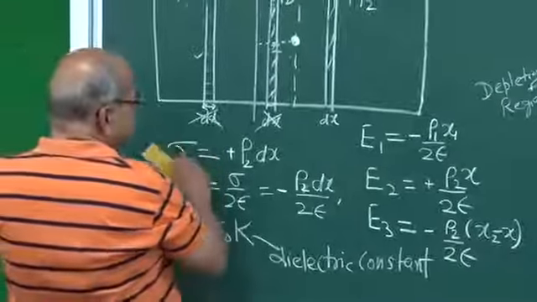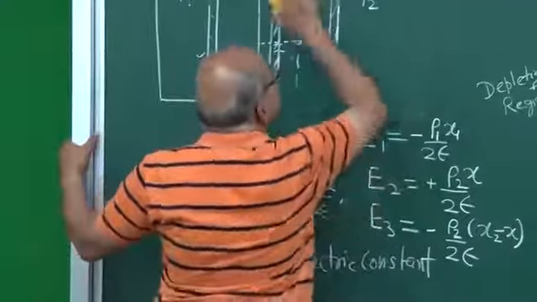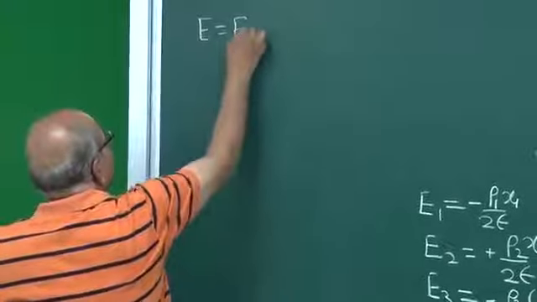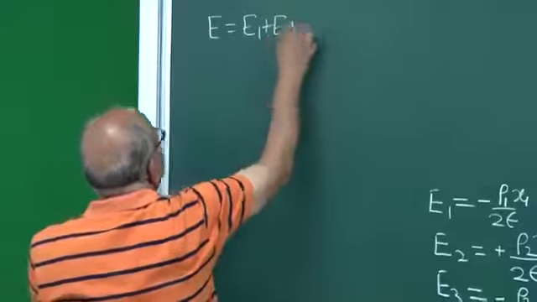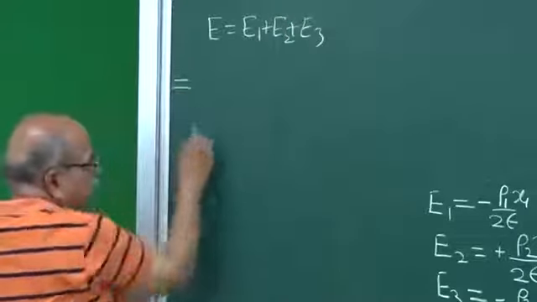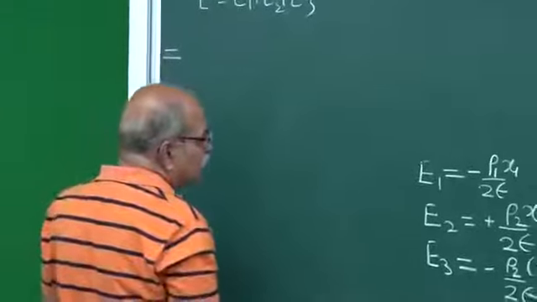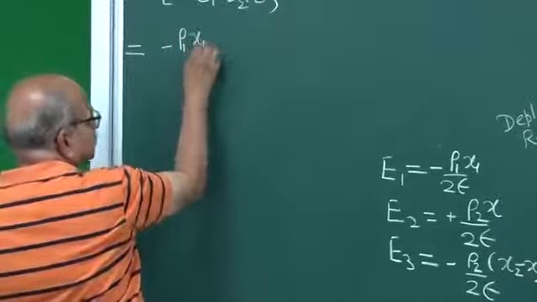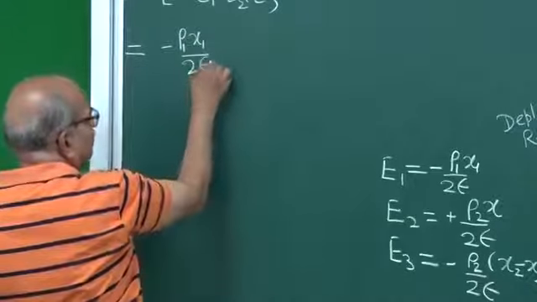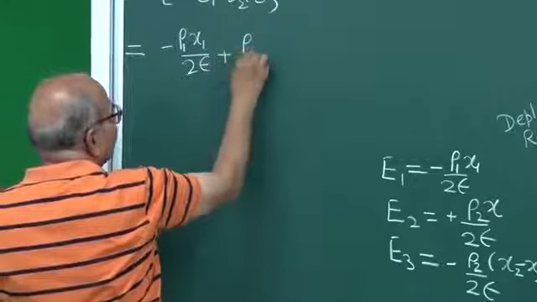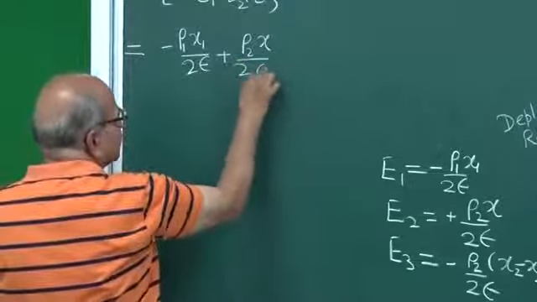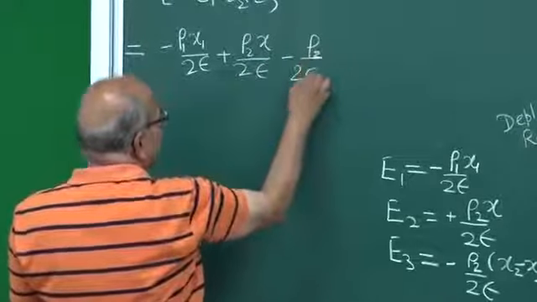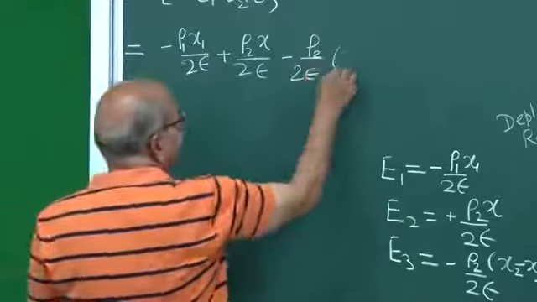So the total electric field will be E1 plus E2 plus E3, and that is minus rho 1 x1 over 2 epsilon naught plus rho 2 x over 2 epsilon naught, and then minus rho 2 over 2 epsilon naught times x2 minus x.